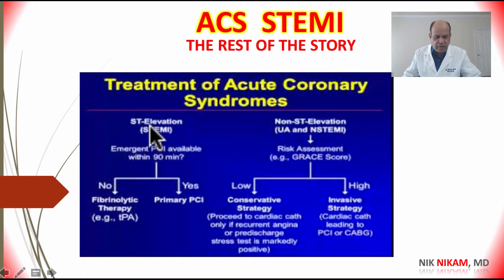If there is ST segment elevation, and if we have facilities for acute coronary intervention, they go for primary coronary intervention. If there is no facility available, then you think about fibrinolytic therapy. If this is a non-STEMI, you look at risk factor assessment and the clinical presentation, and the subsequent treatment is going to be based on these findings.